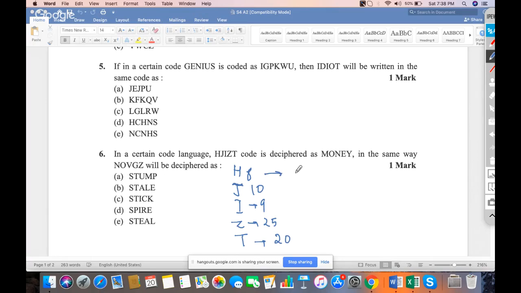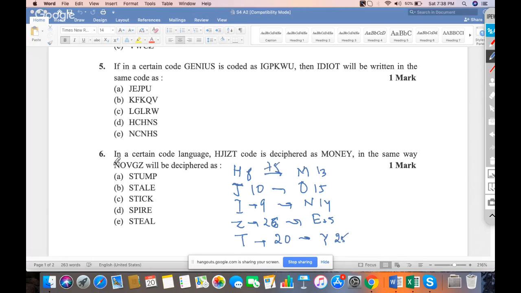H is coded by M. This is by O. I is N, and this is becoming E, and this is becoming Y. So if you look at it, this is 13, this is 15, this is 14, this is plus 5. So Z is 26. I'm sorry, and this is 25. So this is all plus 5.